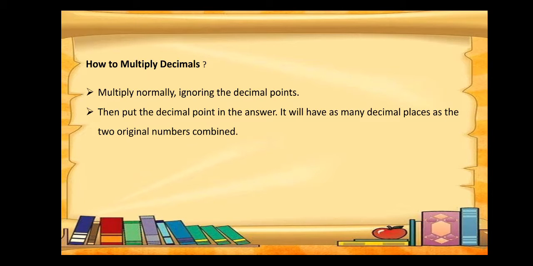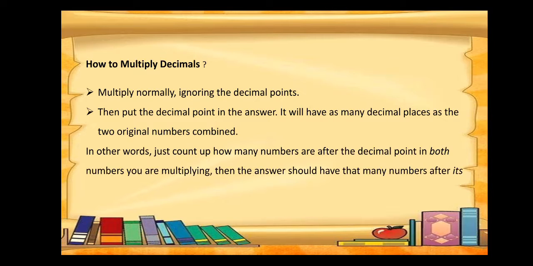It will have as many decimal places as the two original numbers combined. In other words, just count up how many numbers are after the decimal point in both numbers you are multiplying, then the answer should have that many numbers after its decimal point.